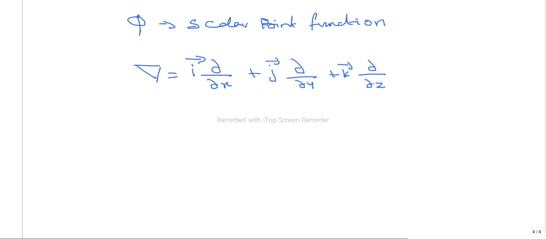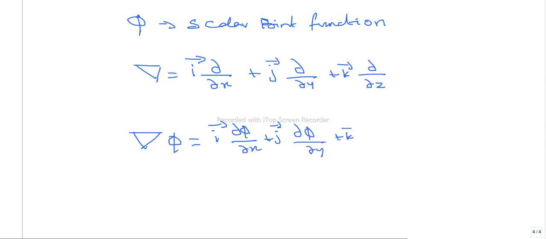Now the gradient of this function is denoted by del pi. So del pi is nothing but you operate on pi with each coordinate. Therefore i vector into dou pi by dou x plus j vector into dou pi by dou y plus k vector into dou pi by dou z.